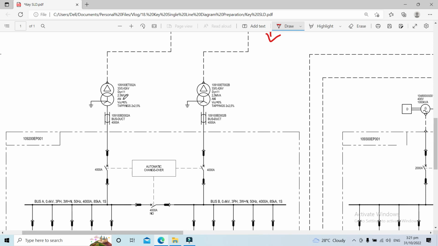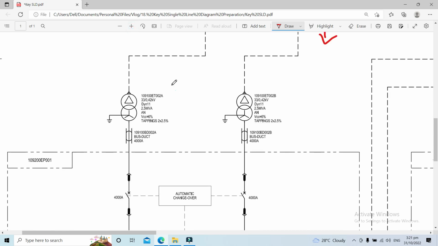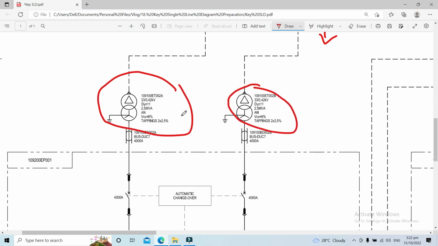This is AN because this type of transformer is a dry type transformer. The vector group is 11 and the percent impedance is 6%. The tapping range is plus minus 2 by steps of 2.5%. This information is the same here and here since this is only a redundant configuration.